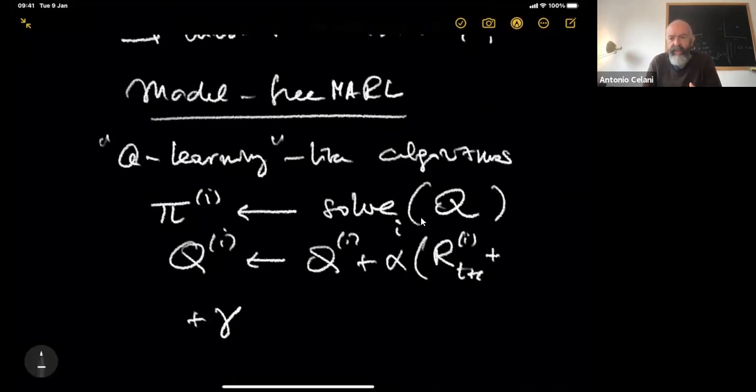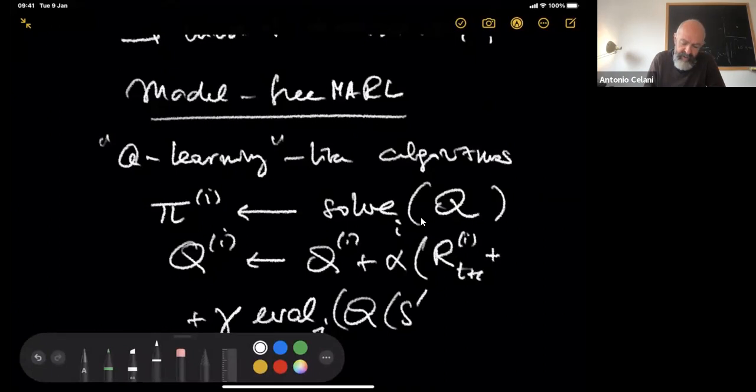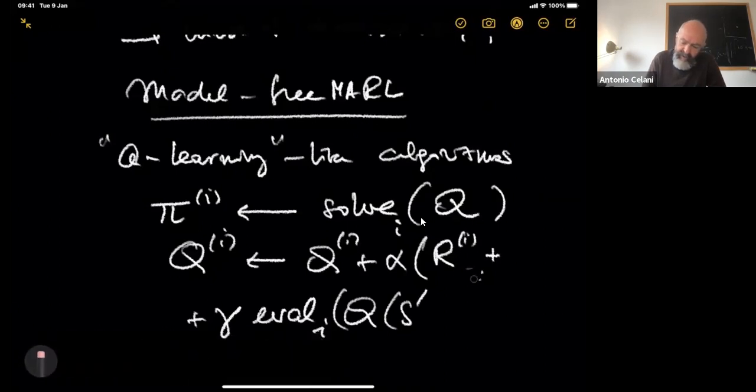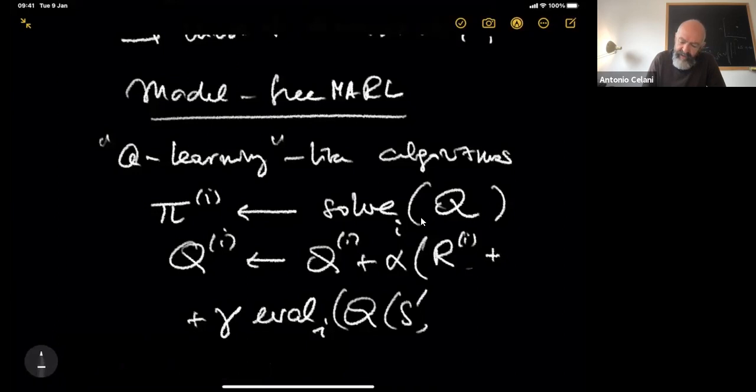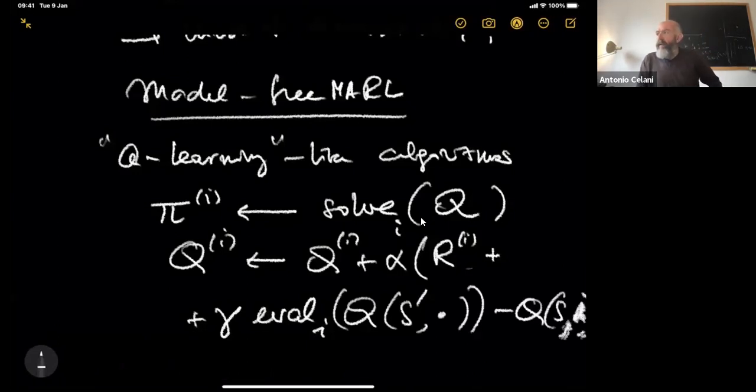But now we replace it with another generic operator, which is called eval for i, of the Q matrices at the state s prime, or s t plus 1 if you want to use that notation, minus Q of s and the set of current actions. Okay, and then there is a closed parenthesis.